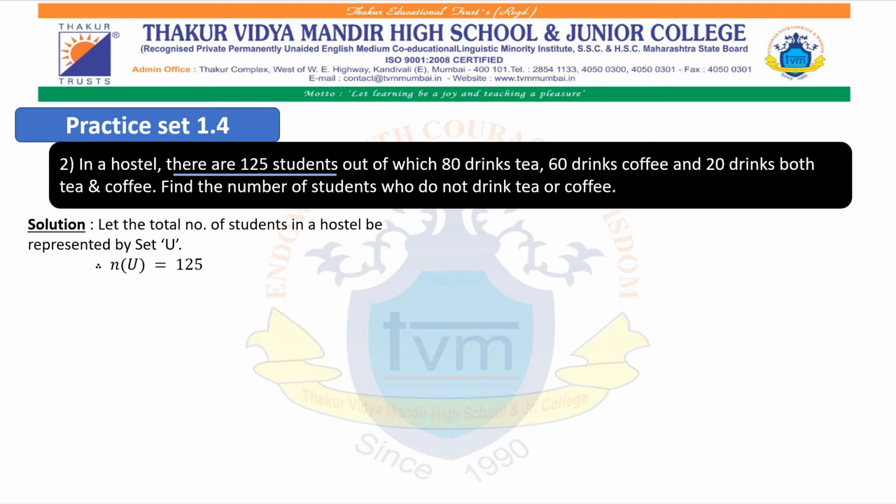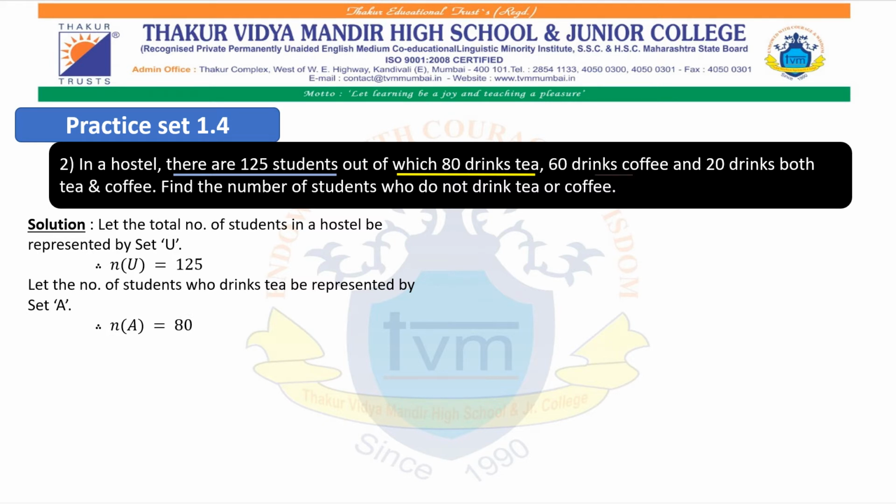Then they say, out of which 80 drink tea. Students drinking tea we will take as set A. Therefore, let the number of students who drink tea be represented by set A, and the total number of students drinking tea is 80. Therefore, n(A) = 80.